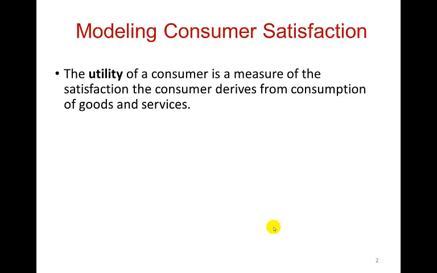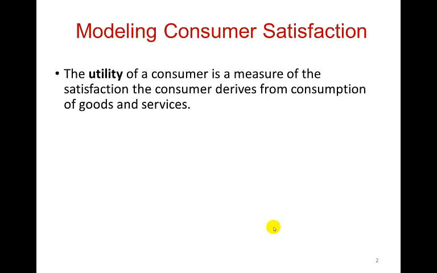Economists model consumer satisfaction with a concept called utility. Utility is a numerical measure of how happy consumers are. Consumers are going to purchase goods and services, and we can extend this concept to basically anything that consumers do.